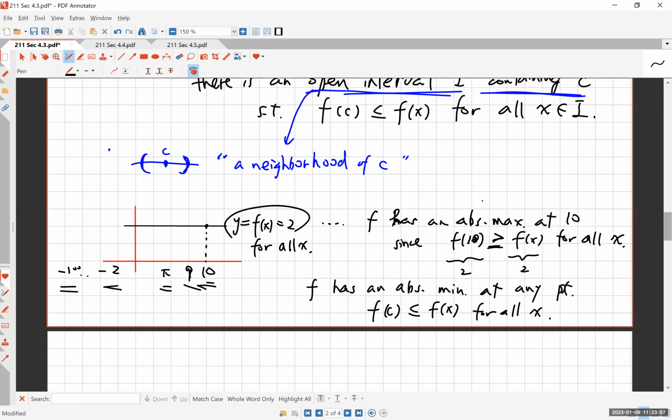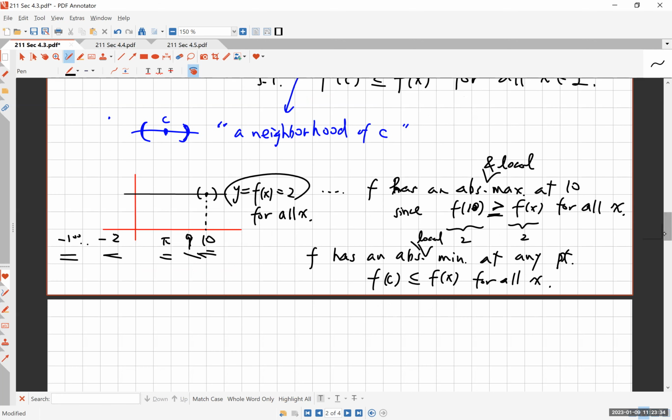And in fact, these are also local maximum and local minimum. Every point is a point of local maximum, absolute maximum, local minimum, and absolute minimum, because you can always find a small interval in which f of c is less than or equal to f of x, or greater than or equal to f of x.